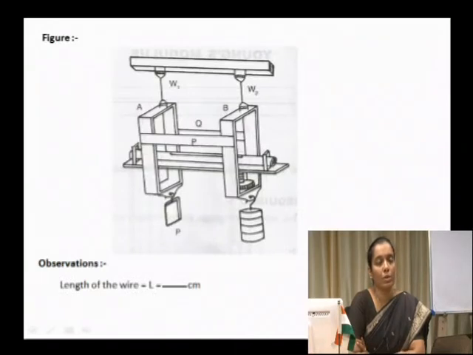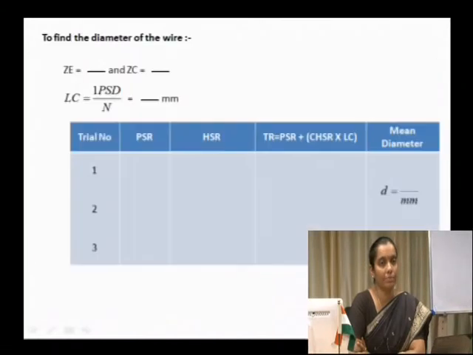The screw is provided here. So, rotating the screw, we can adjust the spirit level to the center, and once the spirit level comes to the center, we will note down the reading PSR as well as HSR, and later calculate the total reading. TR is equal to PSR plus HSR into least count.